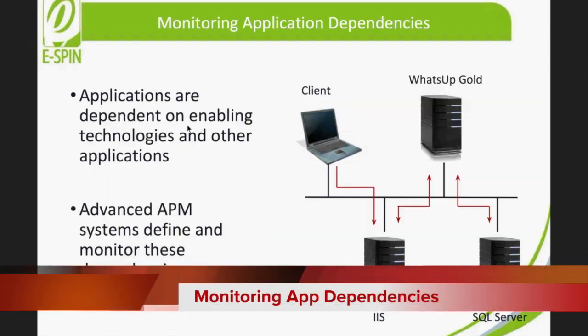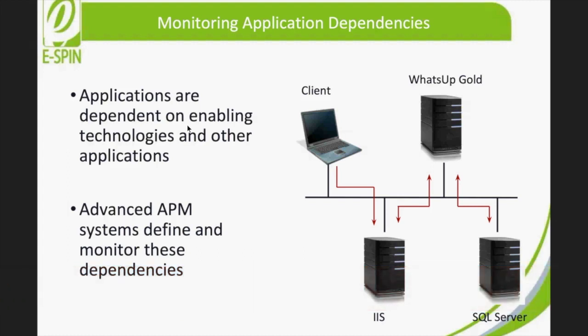Monitoring application dependency is something that, as application owner, you definitely want to do, depending on enabling technology and other applications. When you define your application, you want to take this into consideration, right?